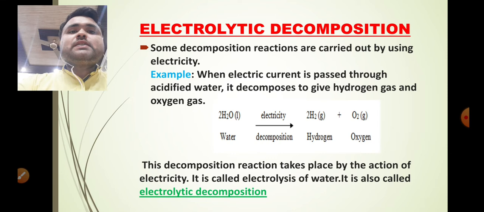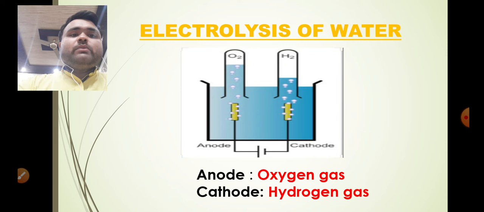Electrolysis of water is the splitting of the water molecule, a dissociation, decomposition of the water molecule when current is passed through it. When we pass current through water, it decomposes into hydrogen gas and oxygen gas, and hence it is called electrolytic decomposition. Now look at the diagram here where we have the electrolysis of water.